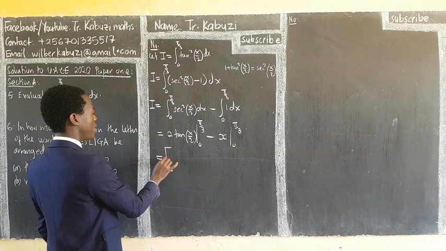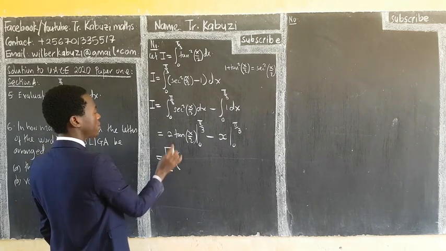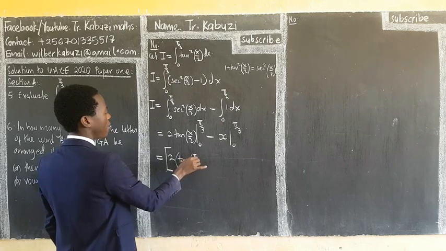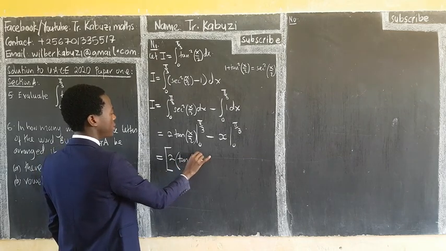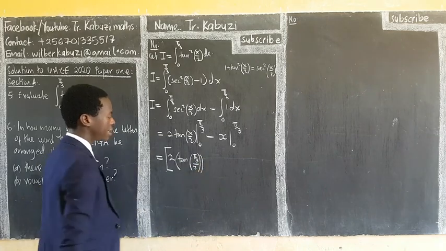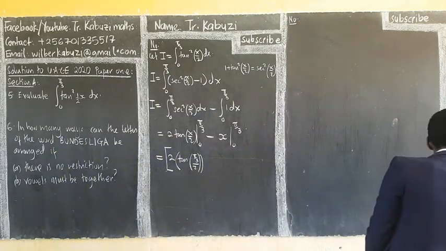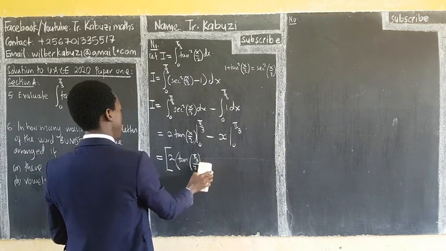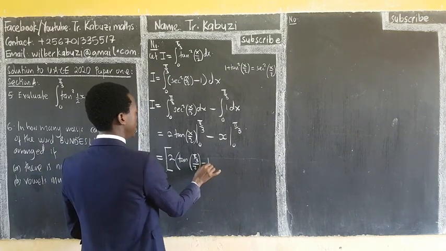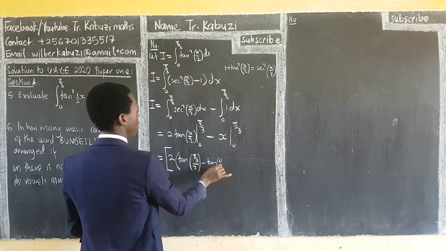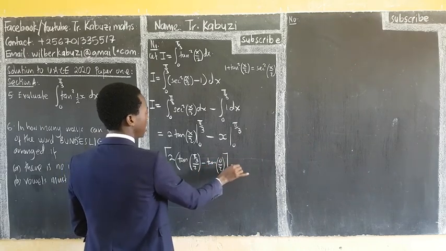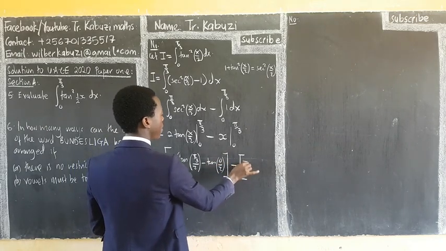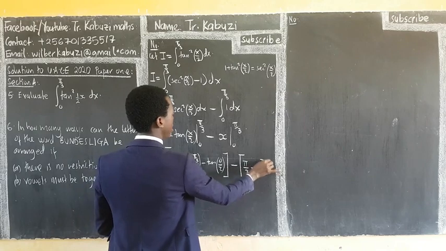So we have 2 into tan of pi over 3 over 2, then minus, when I put in the lower limit, tan of 0 over 2, then minus this one, pi over 3 minus 0.